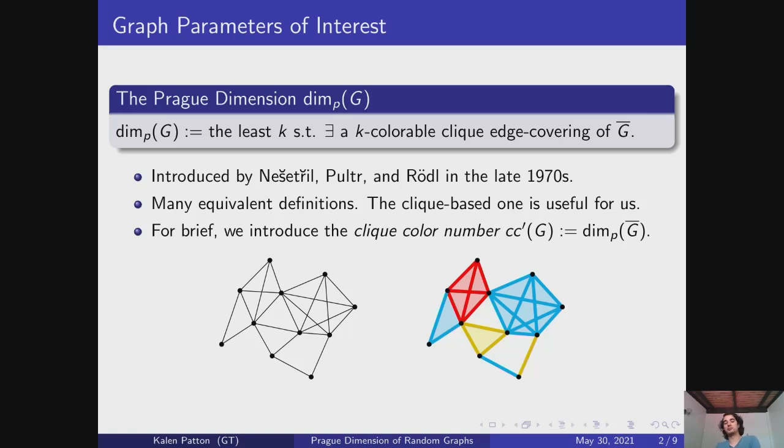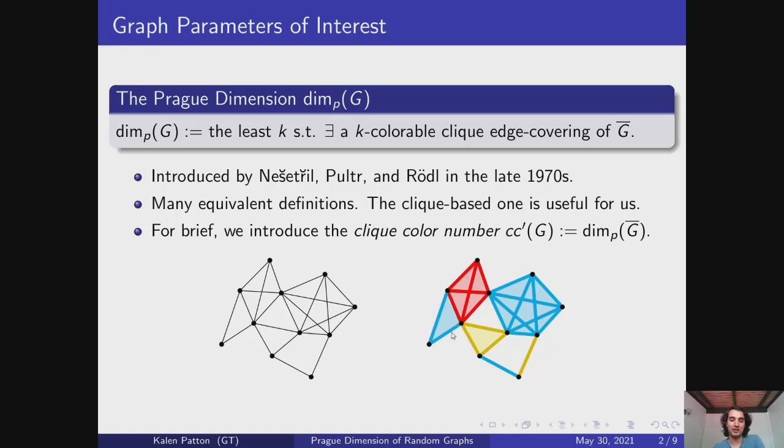A natural question we might ask is, is it actually equal to 3? Can there be a clique edge covering that is 2-colorable? We can determine that this can't be the case by finding a lower bound by looking at this vertex here. First we can convince ourselves that there's no way to cover all the edges incident to this vertex using only 2 cliques.